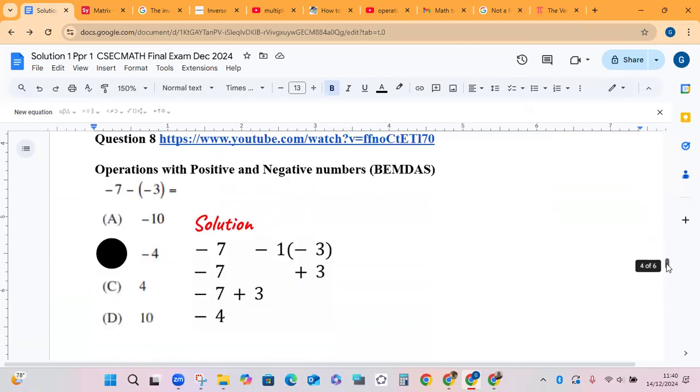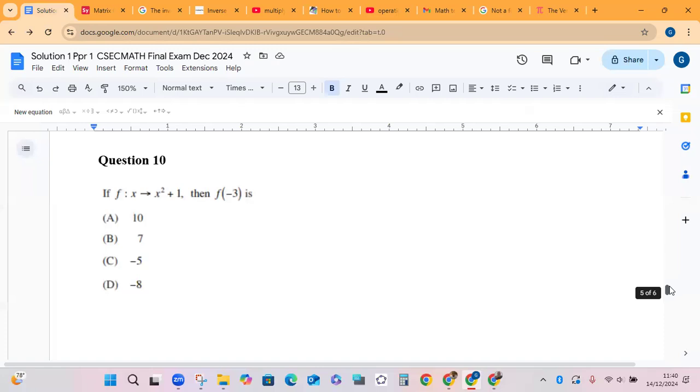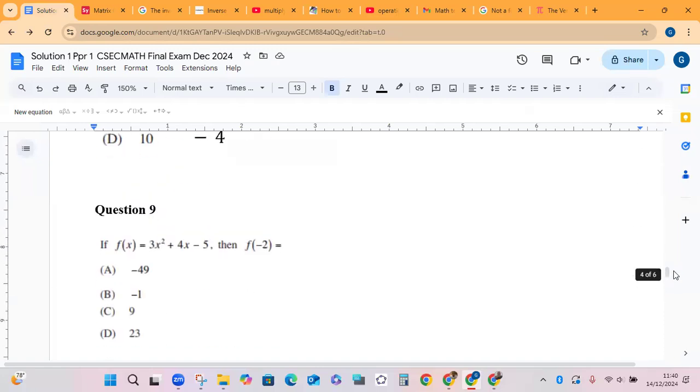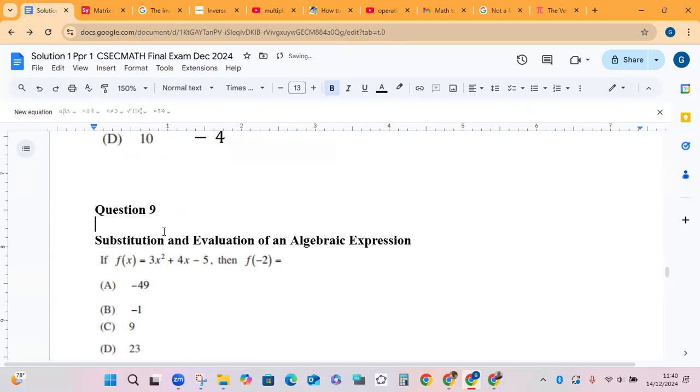So we can just add of a function to this because on the right-hand side is an algebraic expression. On the left-hand side is the notation of a function, but on the right-hand side is a function. So you can label this substituting and evaluating of an algebraic expression of the function.